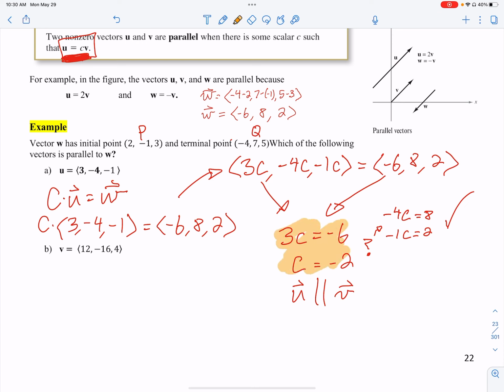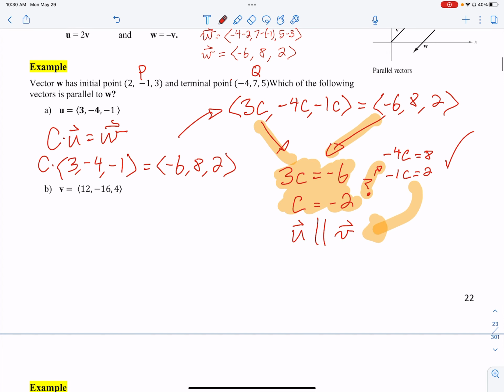All right, we used that to get down there. And then we went that way and checked it for the other two. If the other two work, then that leads there. All right, so we set it up, checked one, found the answer, tried it on the other two. If it works, they're parallel. If that doesn't work, they're not parallel.